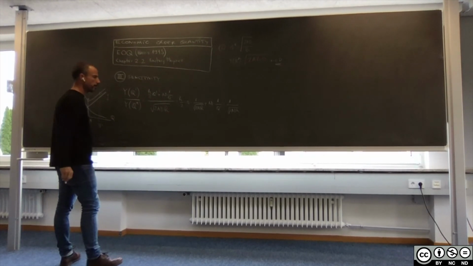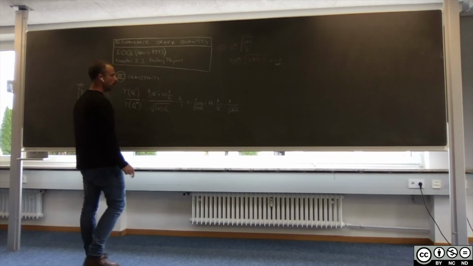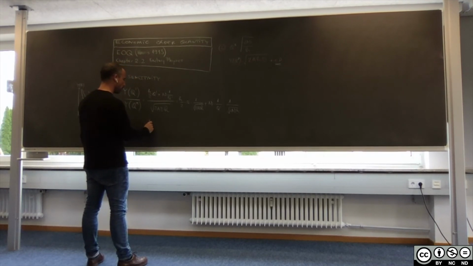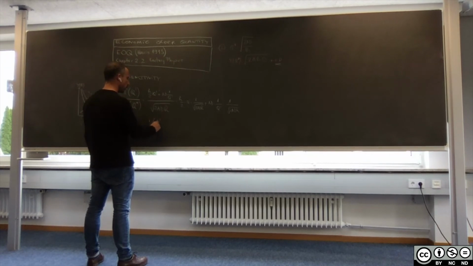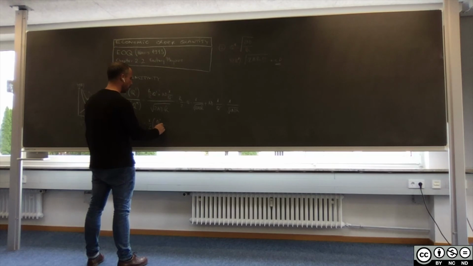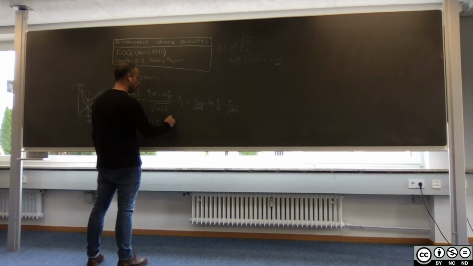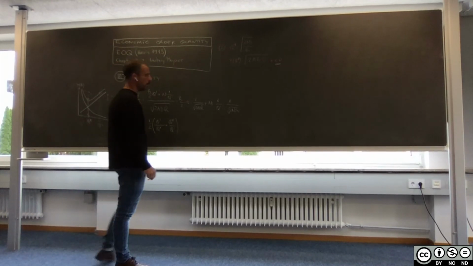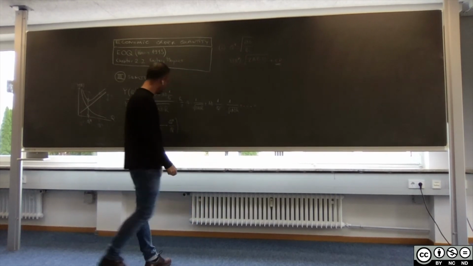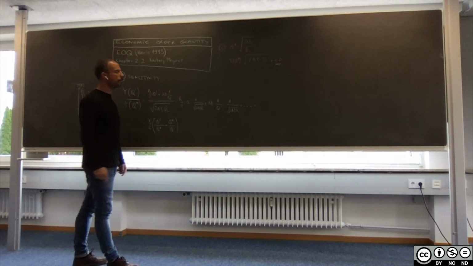This equals 1 divided by 2 times Q plus, okay, there are some steps in between. This is the result you get.